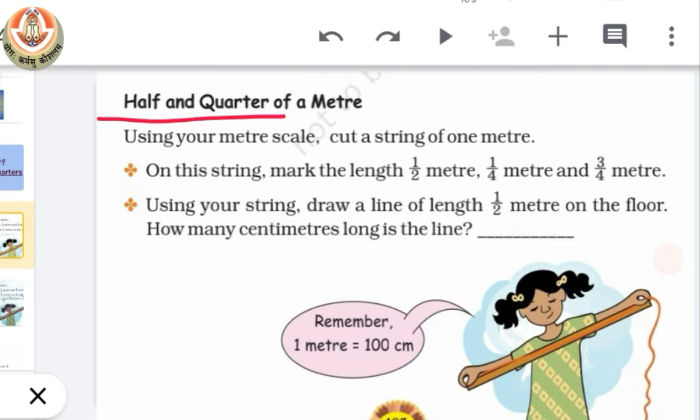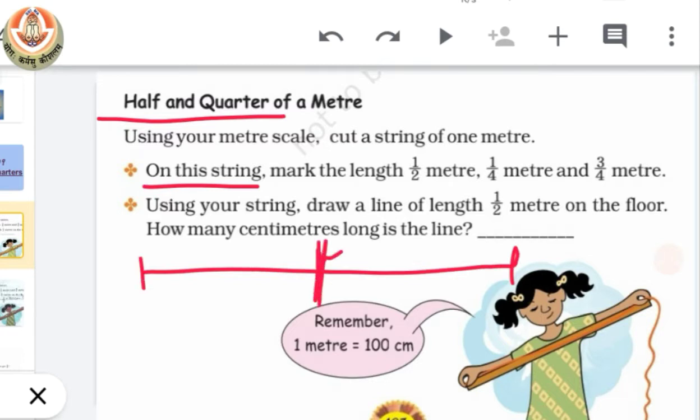Now the question is, on this thread or string, you have to mark half meter, then 1/4 meter, and then 3/4 meter. See, for example, it is your string of 1 meter. So here in the exact half position, you will have half of a meter, and somewhere here you will have 1/4 meter.